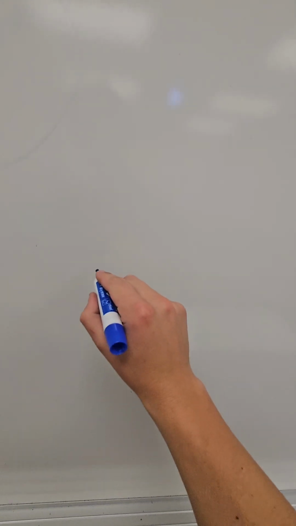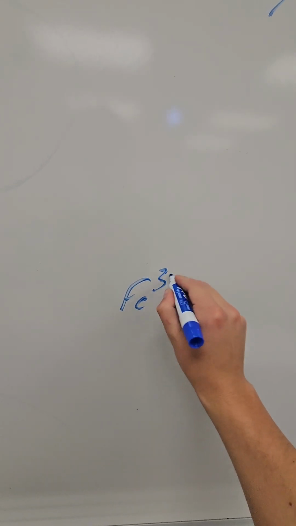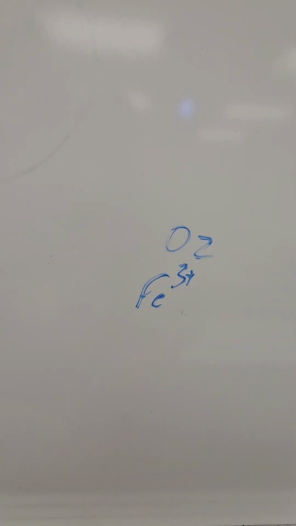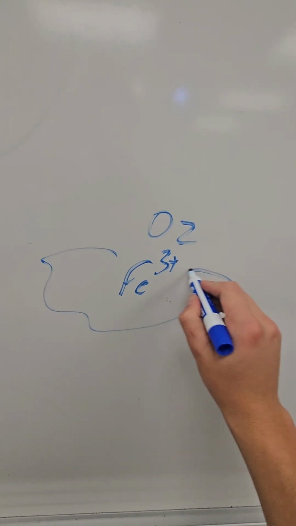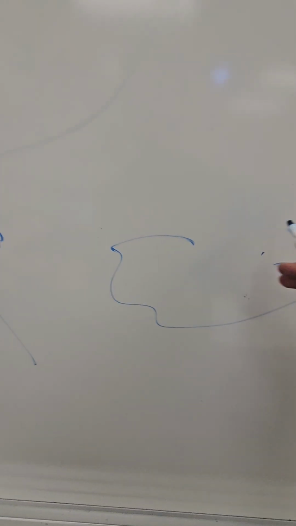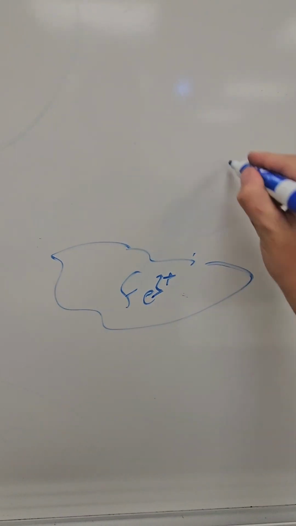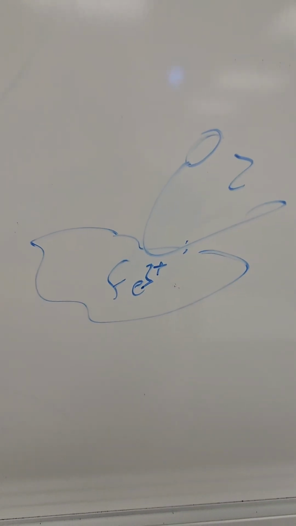And how does that work? Well, within hemoglobin itself, we have iron. Oxygen wants to bind to the iron, and then we have a porphyrin ring around it. In a tense state, the electron cloud of the porphyrin ring will actually cover up this iron so oxygen can't get through.